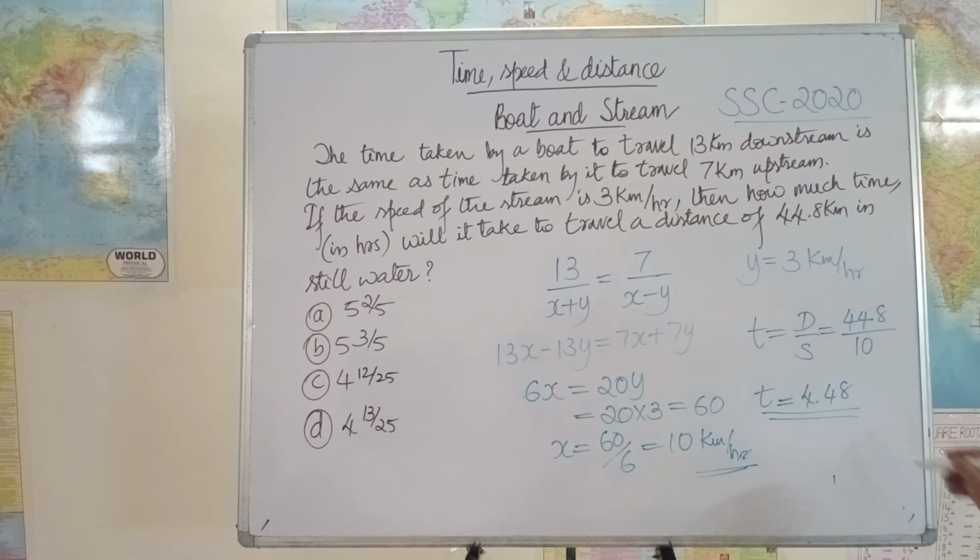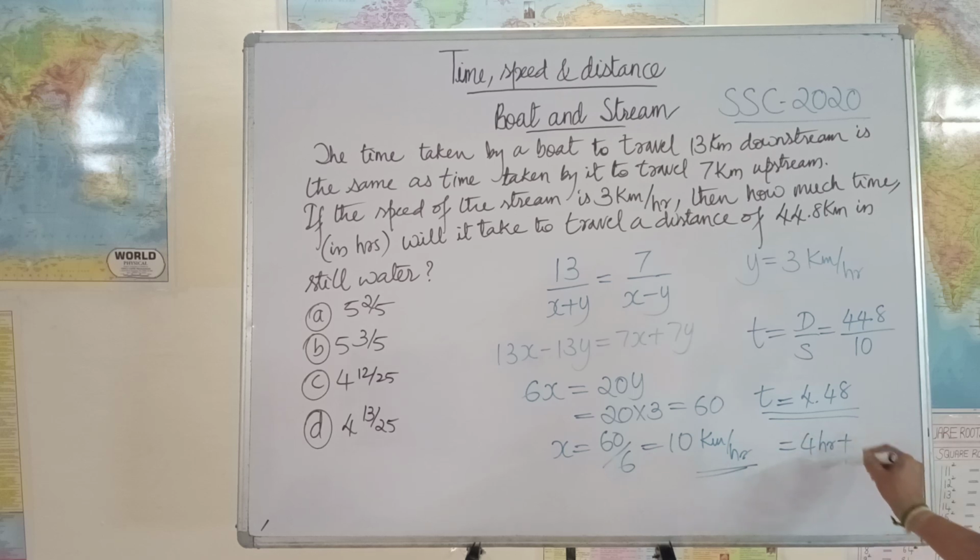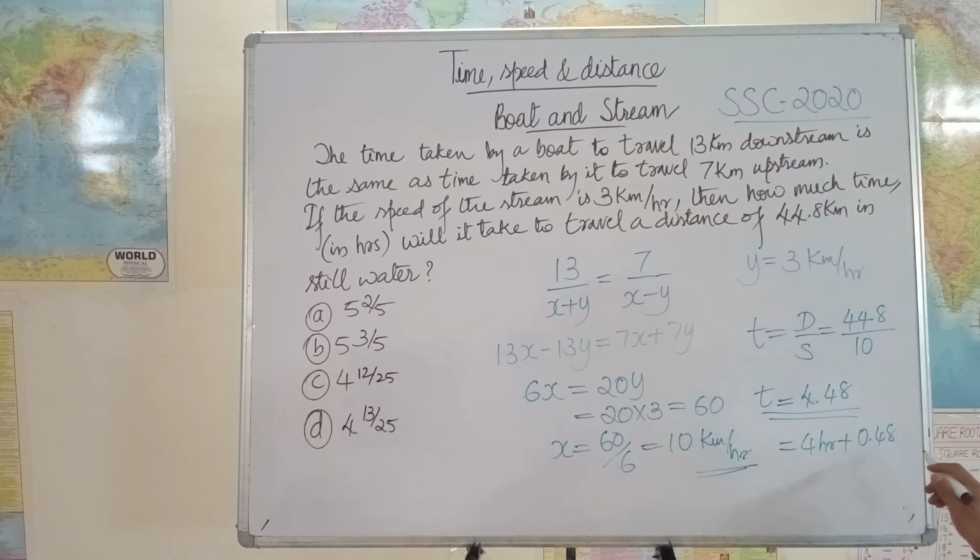But this 4.48 can be written as 4 hours plus 0.48 hours. 0.48 of an hour is how much?